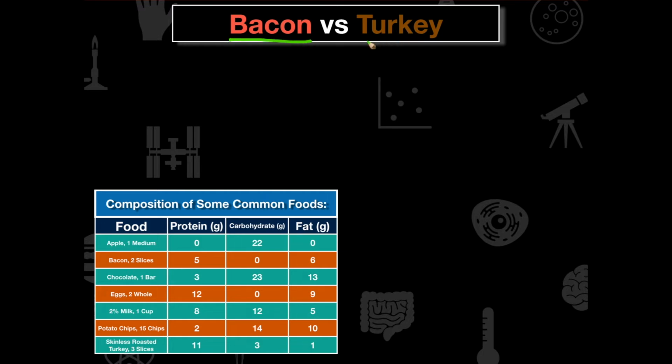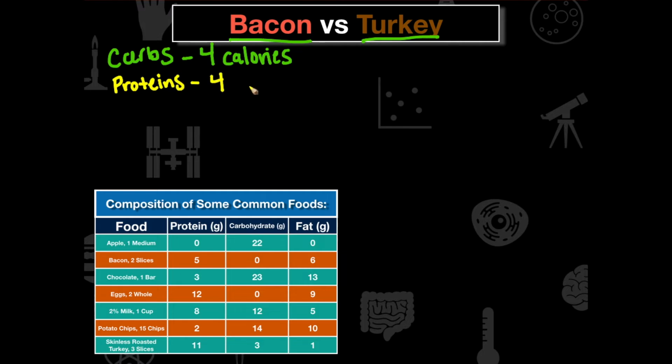All right, so let's do a little bit of a comparison. So bacon here, and then we also have turkey. Now we're going to assume for these basic calculations that carbs have approximately 4 calories. And then we'll assume that our proteins are also going to have approximately 4 calories.